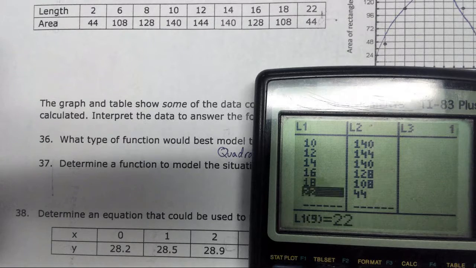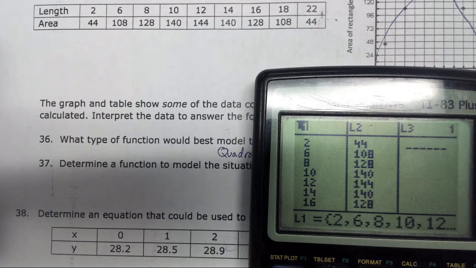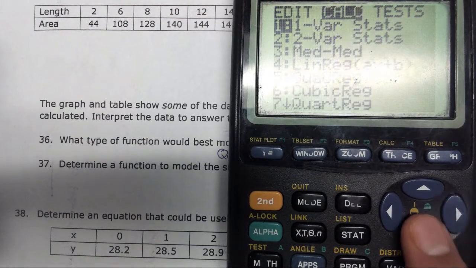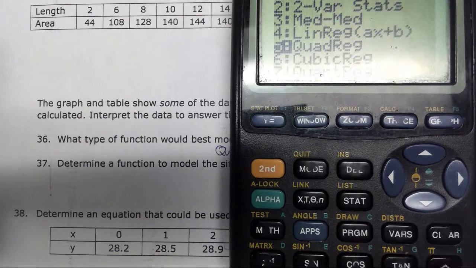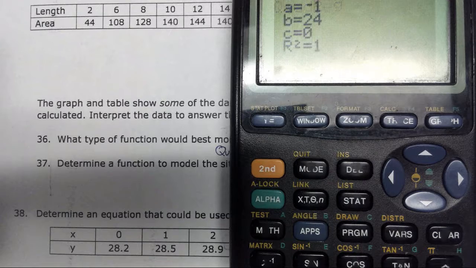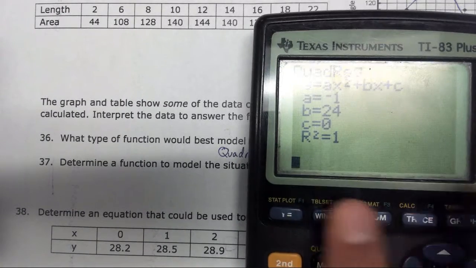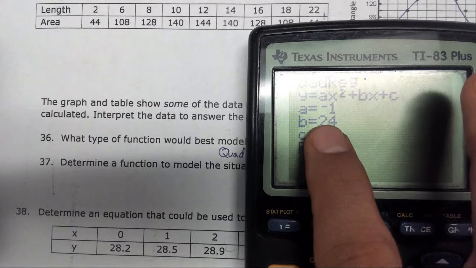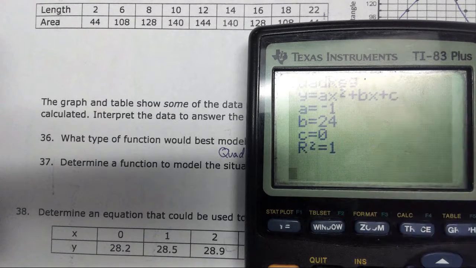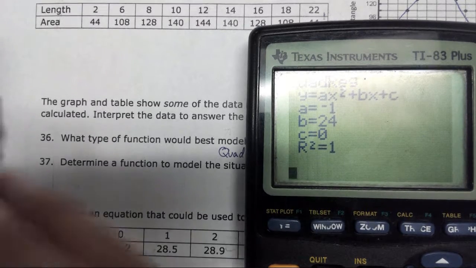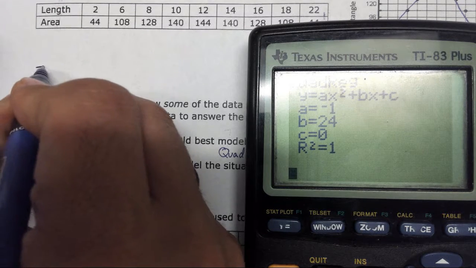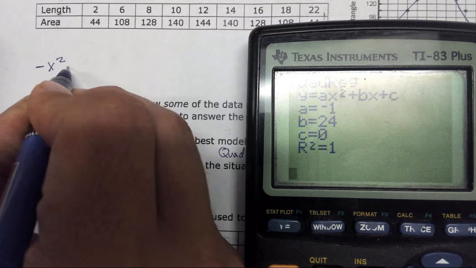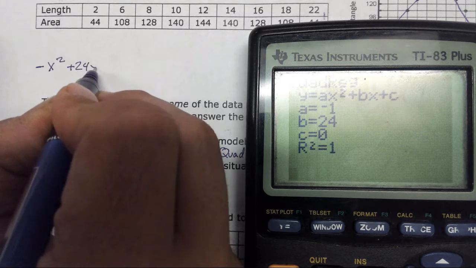Now, it's quadratic, so now we press the stat button and we calculate a quadratic regression, which is the 5th option. We see it has an R value of 1, so it's a perfect match. The A is -1, so this is going to be negative 1x squared, or just negative x squared, plus 24x.